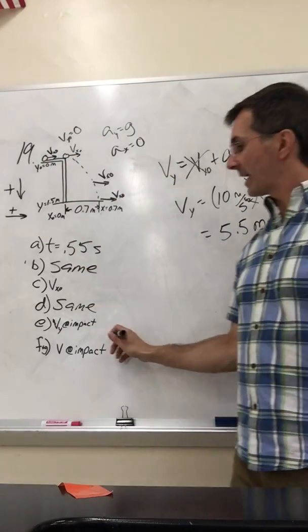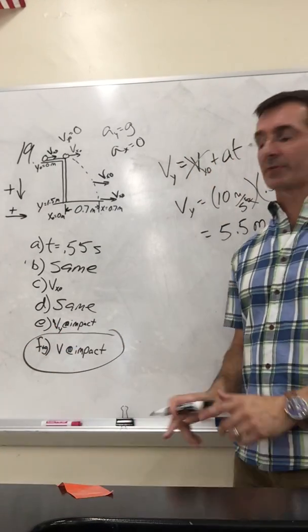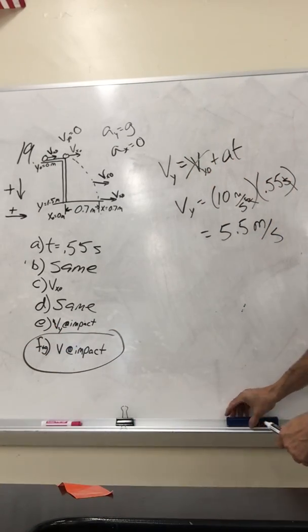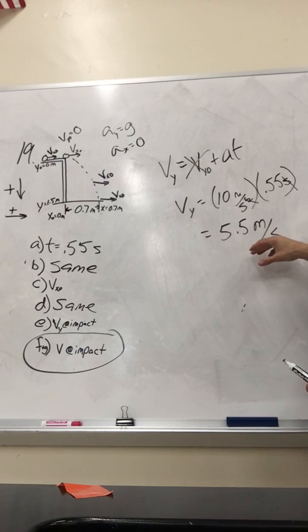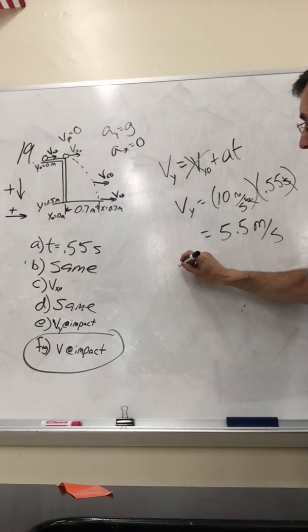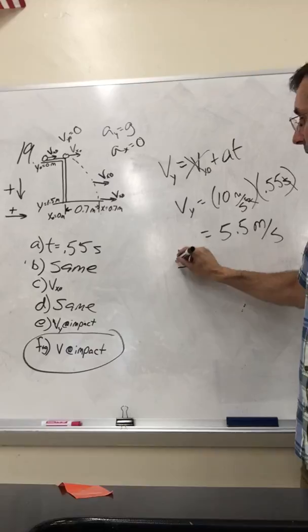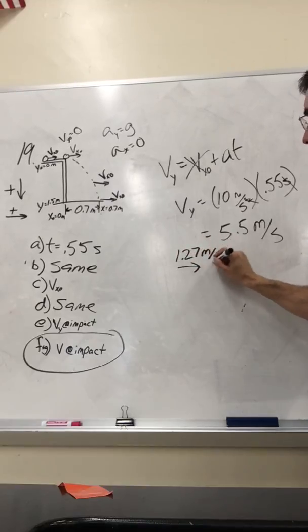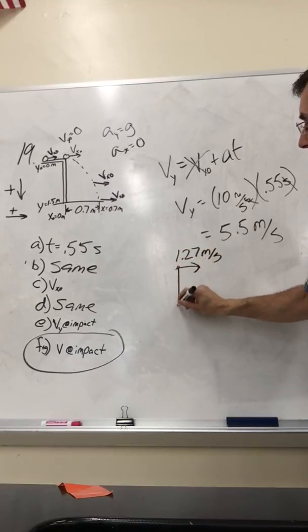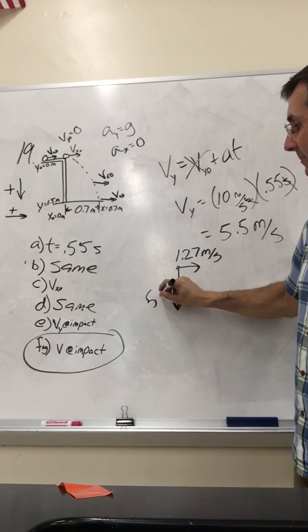All right, now when it's asking you for the velocity of the impact, they don't want to know just the vertical velocity or the horizontal velocity, right? It's moving sideways at 1.27 meters per second. It's also moving straight down at 5.5 meters per second.